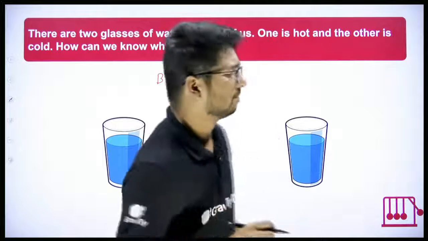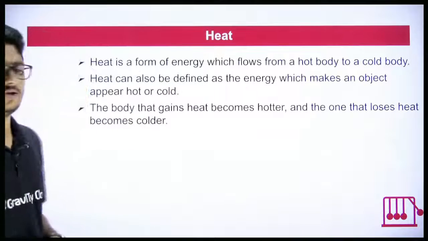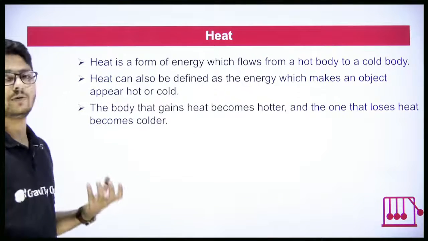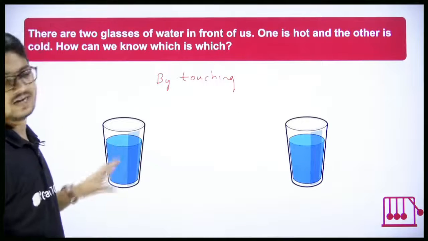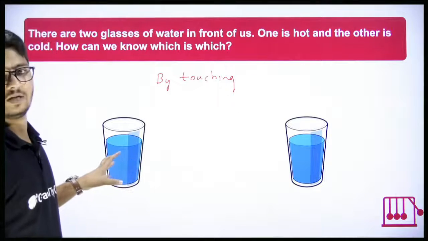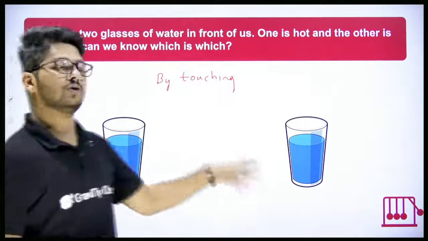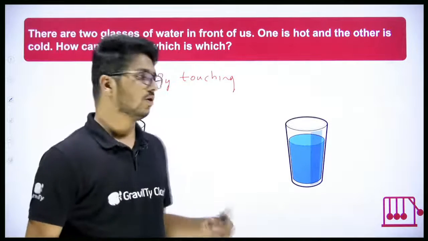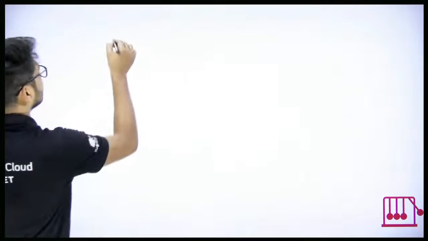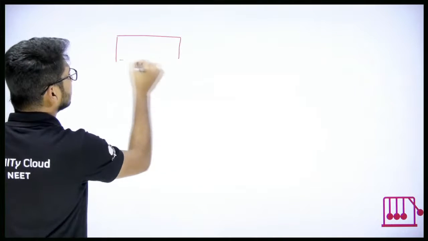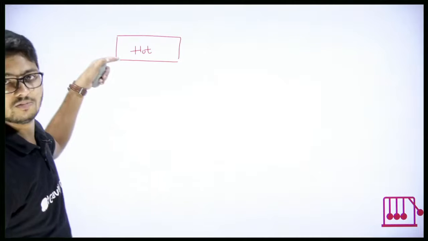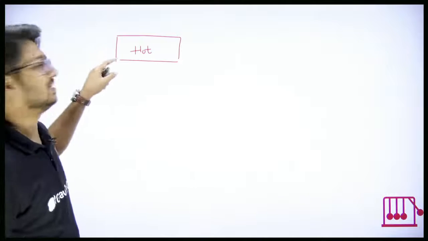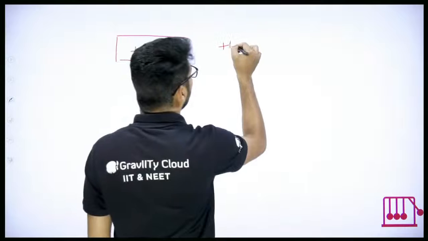Let's look into it. First of all, we'll learn about something called heat. Now see, when we touch a hot object, we feel hot. When we touch a cold object, we feel cold. If I touch the hot object, what happens is heat will flow.